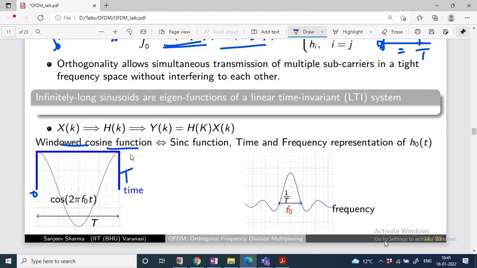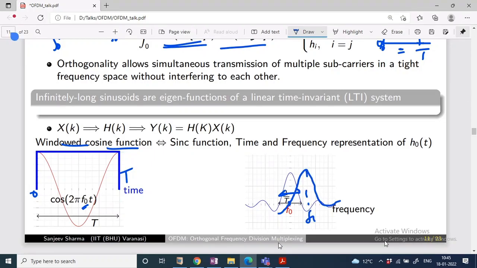The Fourier transform of the windowed cosine function is not the same as before. It looks like a sinc function, shifted to the center frequency f0, and the bandwidth is decided by the window duration, 1 upon T. Then we have another sinc function at another frequency.